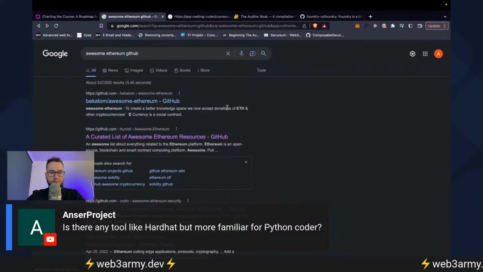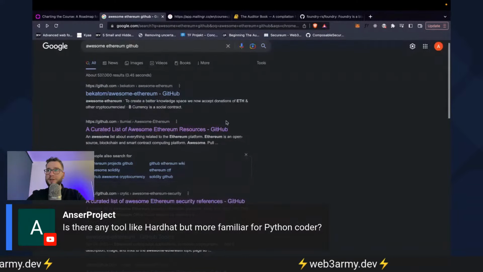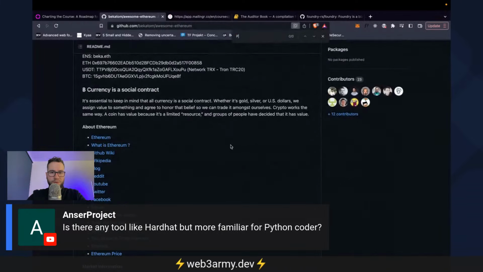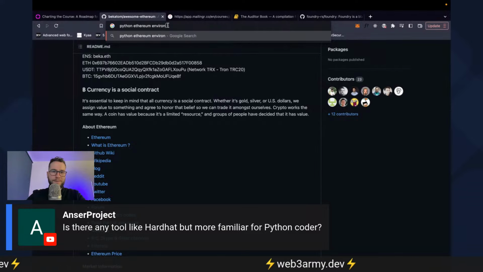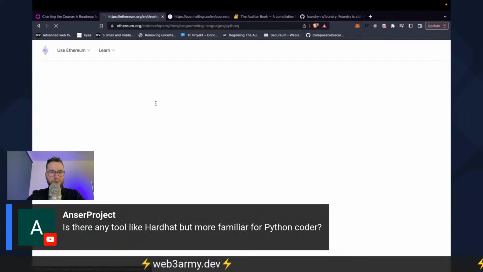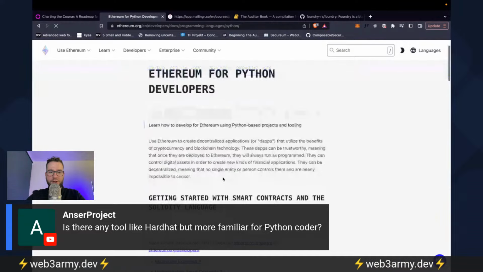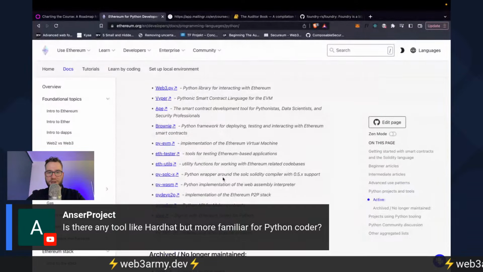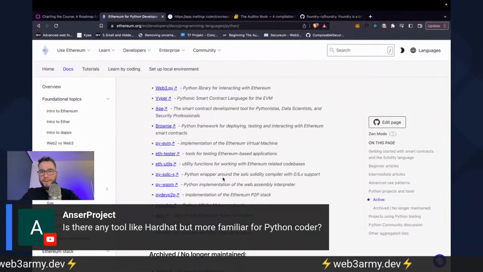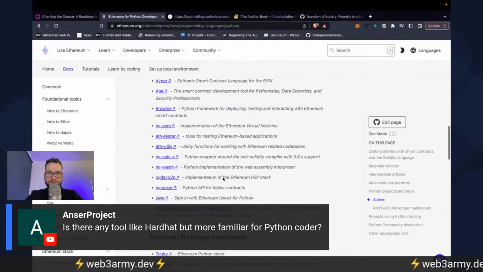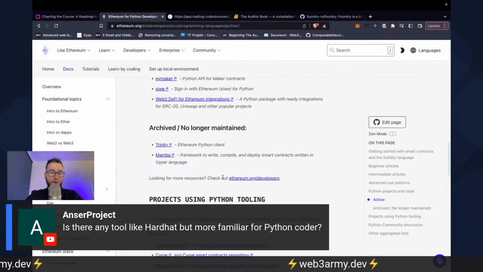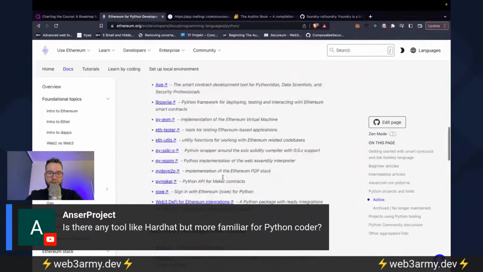To be honest, there should be something like that, but I never... Yeah, sorry guys, but maybe here you should check, because I only used Truffle, Hardhat, and I heard a lot of nice things about Foundry, but no clue how it is for Python developers. So I'm pretty sure you can find something.